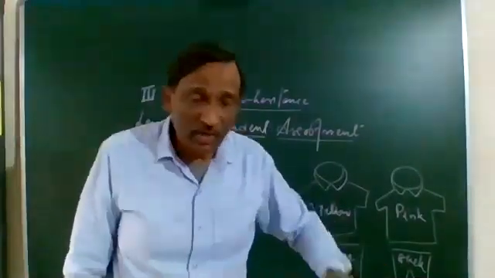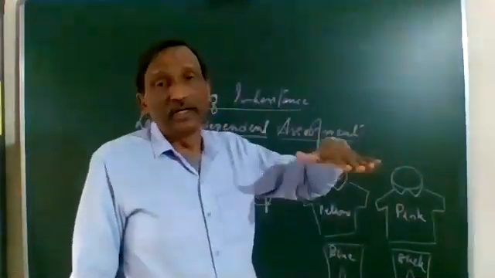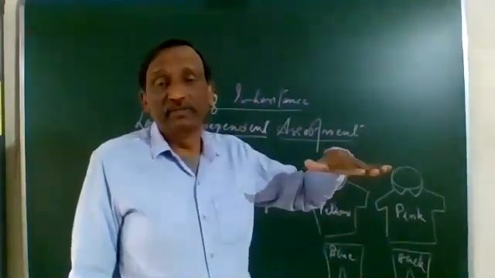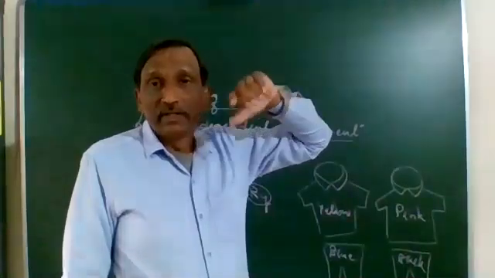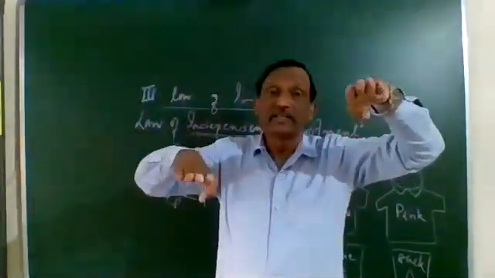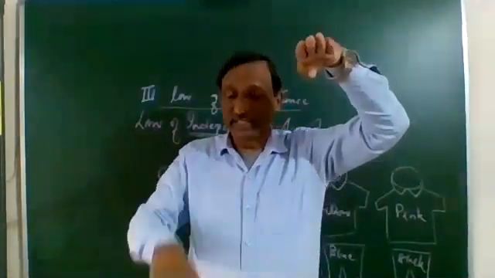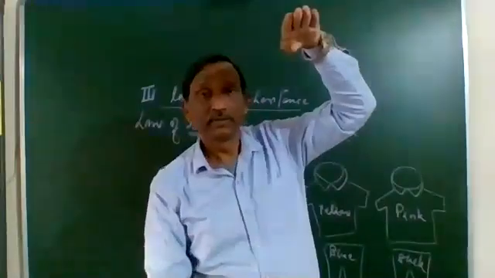It cannot be that the dwarf becomes semi-dwarf, or intermediate between the tall and dwarf, or higher than the tall variety. Whereas we see in human beings, if the father is of this height and the mother is of this height, the children can be anywhere in between.